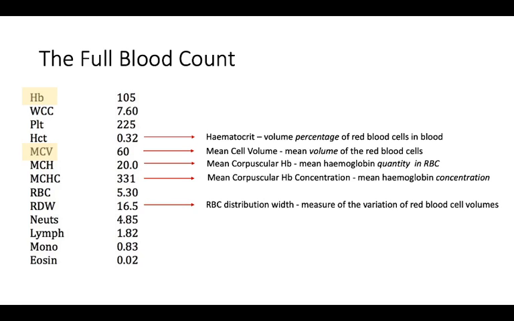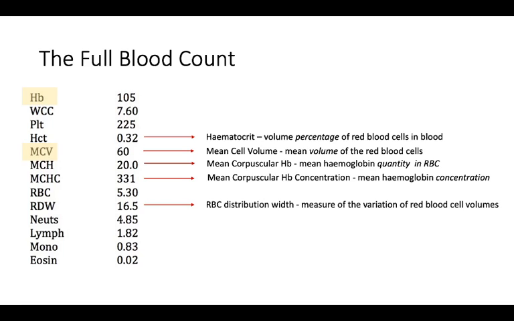So these are the main ones, but we also have MCH and MCHC. So MCH is the mean corpuscular hemoglobin, and MCHC is mean corpuscular hemoglobin concentration. So they both tell us the mean hemoglobin concentration in one red blood cell.